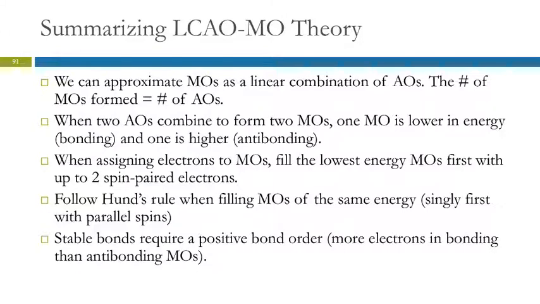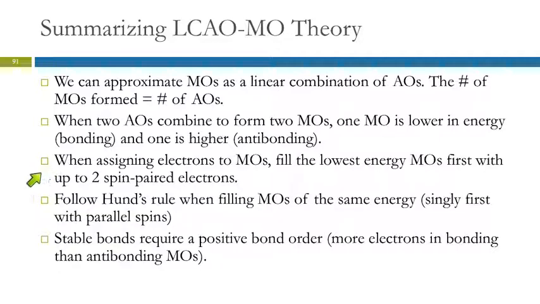However many atomic orbitals we start with, and we're only looking at the valence orbitals, that's the number of molecular orbitals we'll end up with. When we combine atomic orbitals, one of those molecular orbitals formed will be lower in energy, a bonding orbital, and another is higher, an anti-bonding. So you take 2 orbitals, no matter what kind they are, and add them together, you're going to get 2 orbitals. One will be lower in energy, one will be higher in energy.